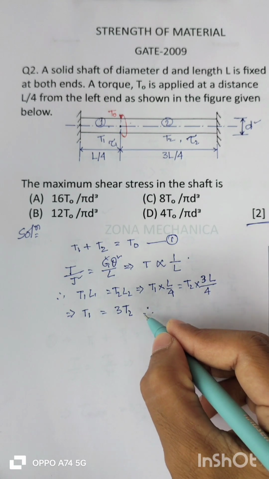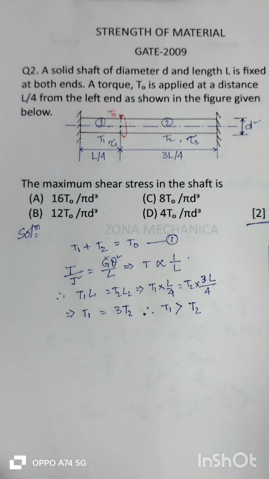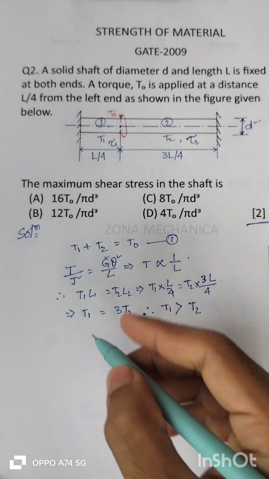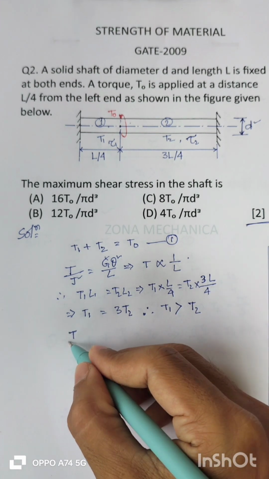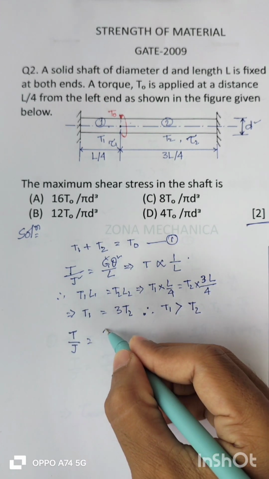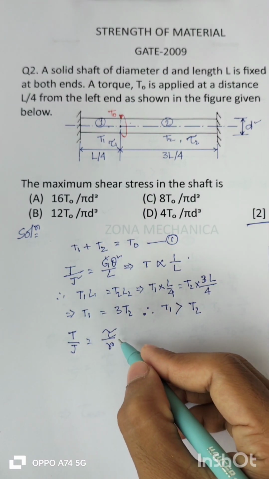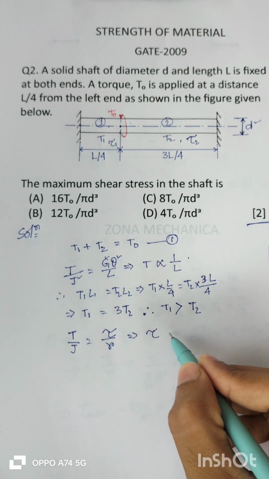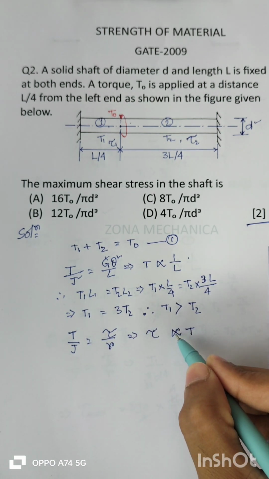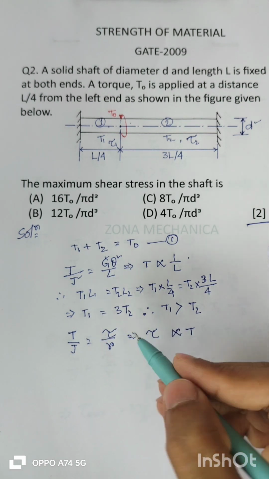Therefore clearly we can say T1 is greater than T2. Now from the relation T by J is equal to tau by R, we can say this tau is directly proportional to T, since J is a fixed constant and R is also constant.